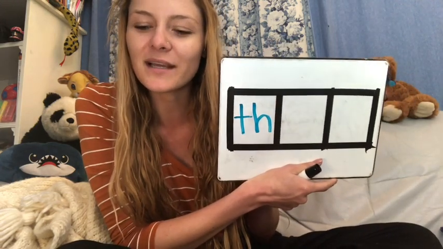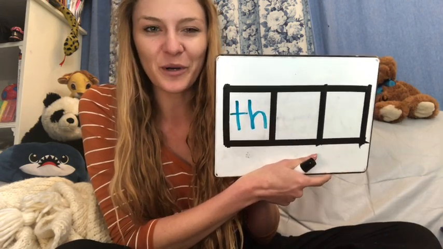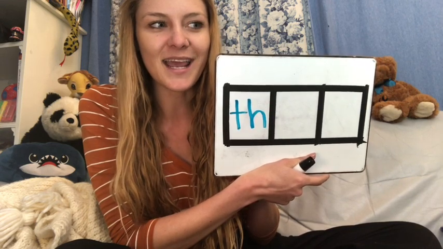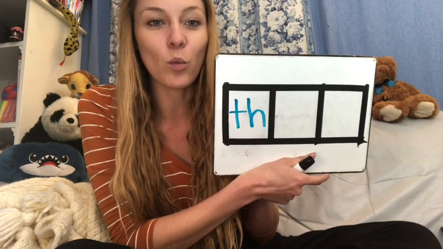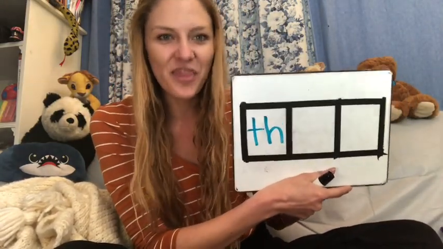I'll give you a couple seconds to think of any. I thought of a lot too. The first one we're going to practice is a word that we might say, I want that. Can you say that? That. I just said the word that in my sentence. Can you say that? That.